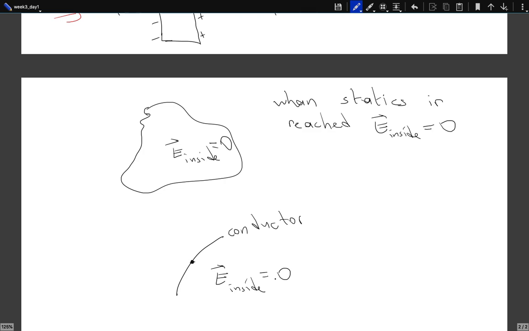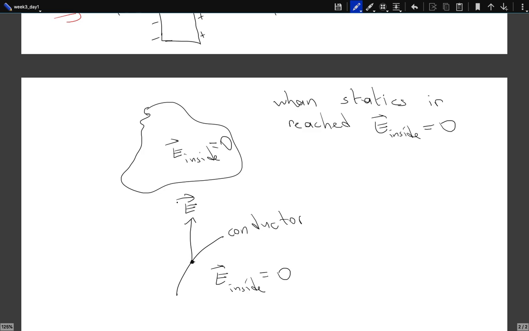Let's look right at this point on the surface. Let's imagine that there is an electric field at that point, pointing, let's say, in this direction. At a given instant, let's say that the electric field is pointing in that direction. But still we have a problem. If that happens, we are not in statics.